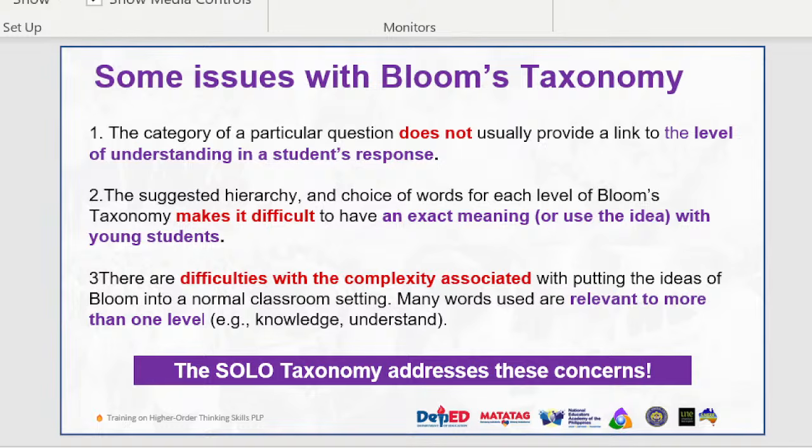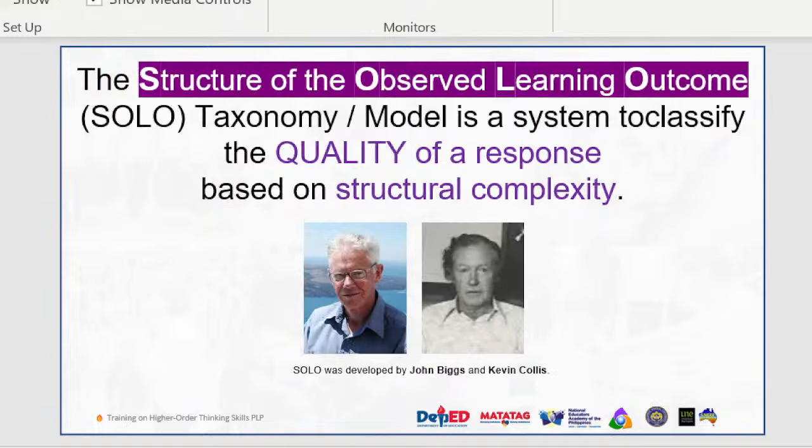Take note, SOLO is interested in the level or quality of a response, and that gives you a real framework of how a learner is thinking. So the SOLO, or the structure of observed learning outcome taxonomy model, is a system to classify the quality of a response based on structural complexity.